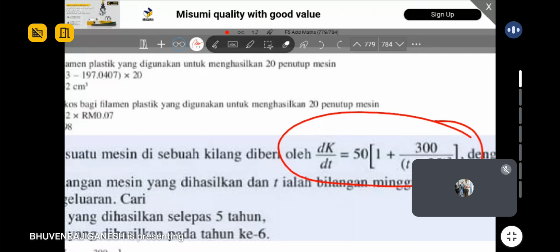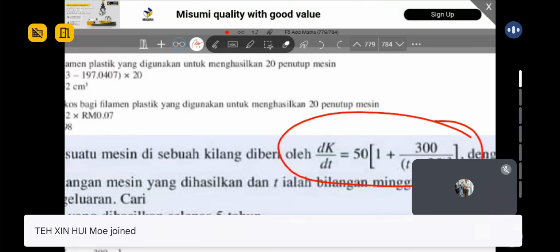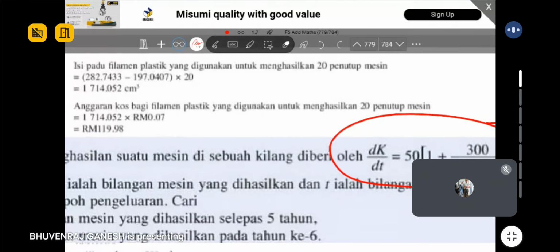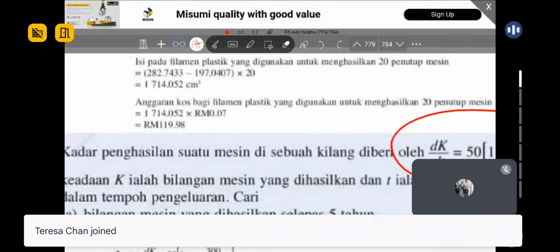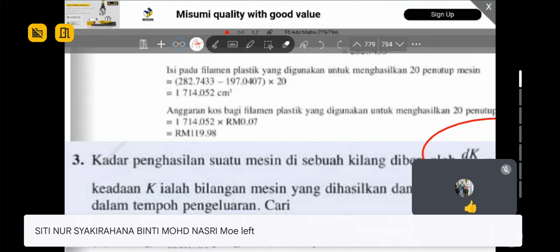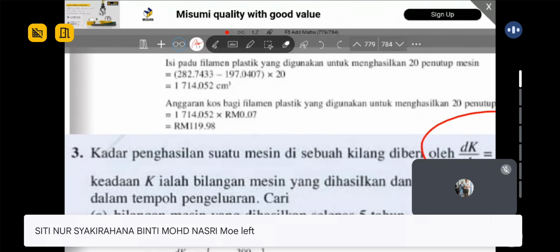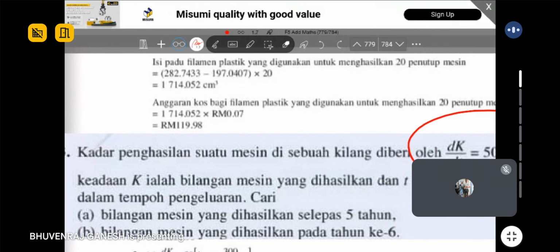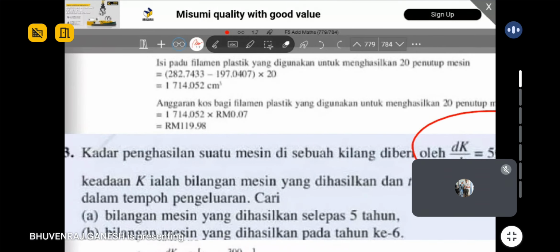Because exam, you get very stressed. So you think of it as you study for knowledge. Belajar untuk ilmu. Then you will automatically like integration. So this is the technique I can give you. Jangan fikir pasal exam. Don't think about exam when you do maths. Think of it as knowledge, ilmu.